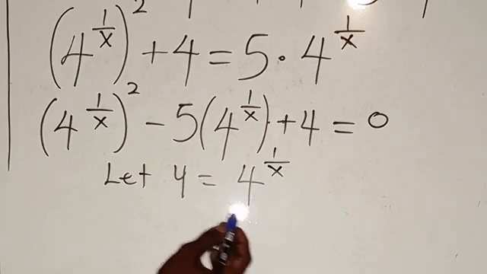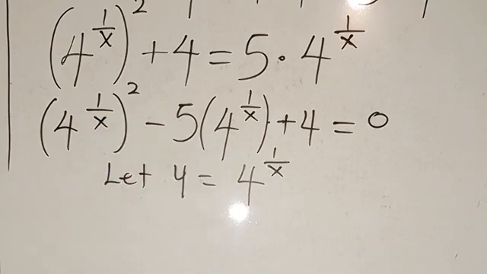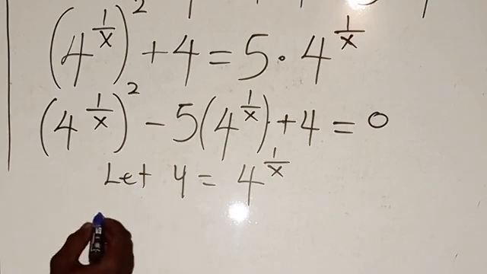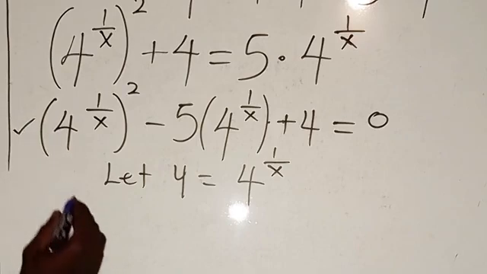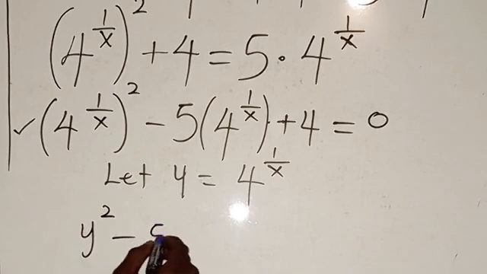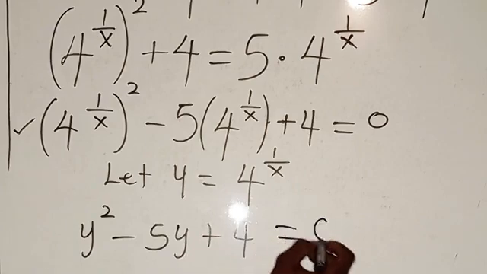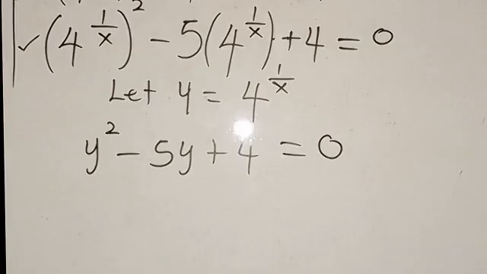Wherever I see 4 to the power 1 over x, I replace with y. So what am I going to be having? This is going to be y squared minus 5y plus 4 equals 0. So now from here, this has led us to a quadratic equation in terms of y.